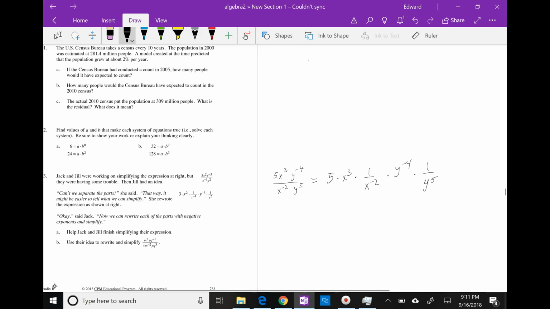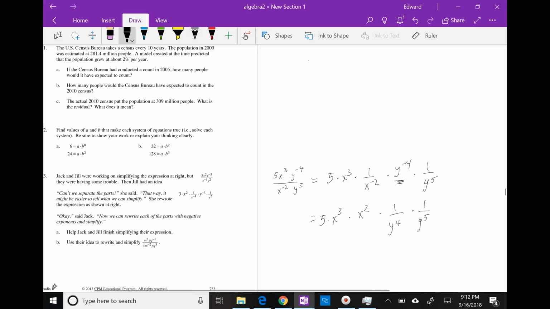Well, how do we get rid of all these negative exponents? Well, let's look at it. This is 5 times x to the third. The negative exponent on the bottom becomes a positive exponent if we bring it to the top. So this becomes x squared positive. If we want to change this one here to a positive, what do we have to do? We have to bring it to the bottom, y to the fourth. And then this one stays the same because it's already a positive exponent.